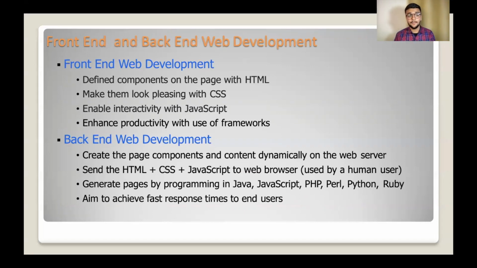On the other hand, in back-end development, databases and servers are used, which send HTML, CSS, and JavaScript to the web browser. Generally, the programming languages used in back-end development are Java, JavaScript, PHP, Perl, Python, Ruby, and many more. The aim is to achieve fast response time for the end user.